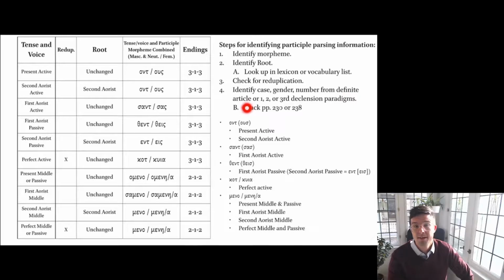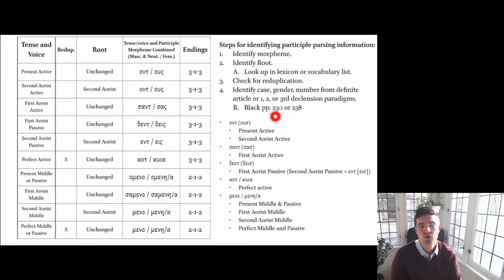If the participle has a definite article with it, that definite article is going to be the tried and true place to go for the information about the case, gender, and number of a participle. If it does not have a definite article with it, in the case of which kind of participle? Yes, that's right, adverbial participles. You can look to the first, second, and third declension paradigms, and these are going to be in black.